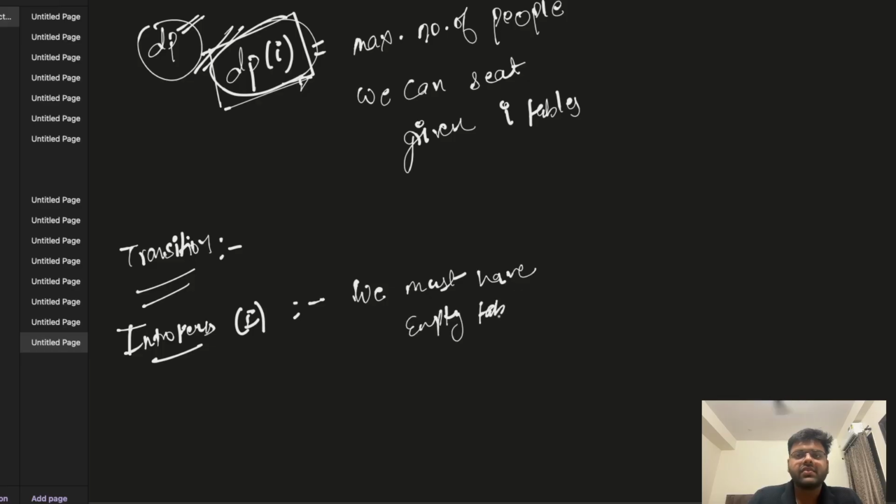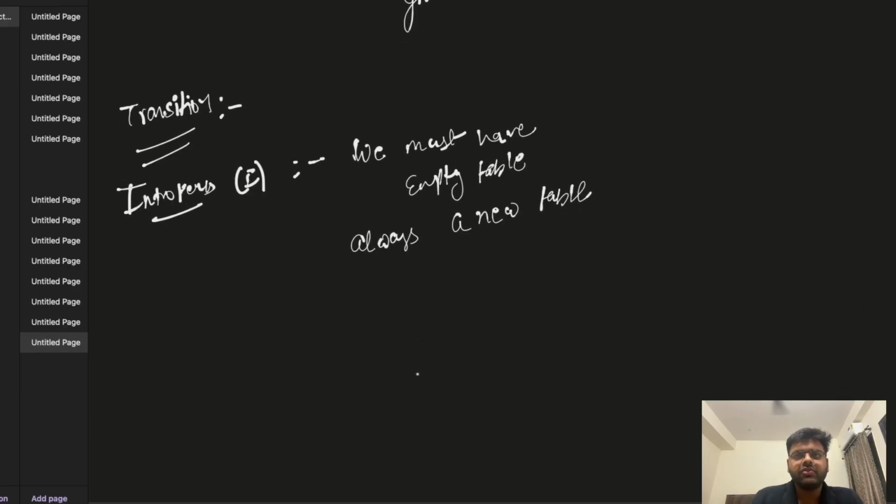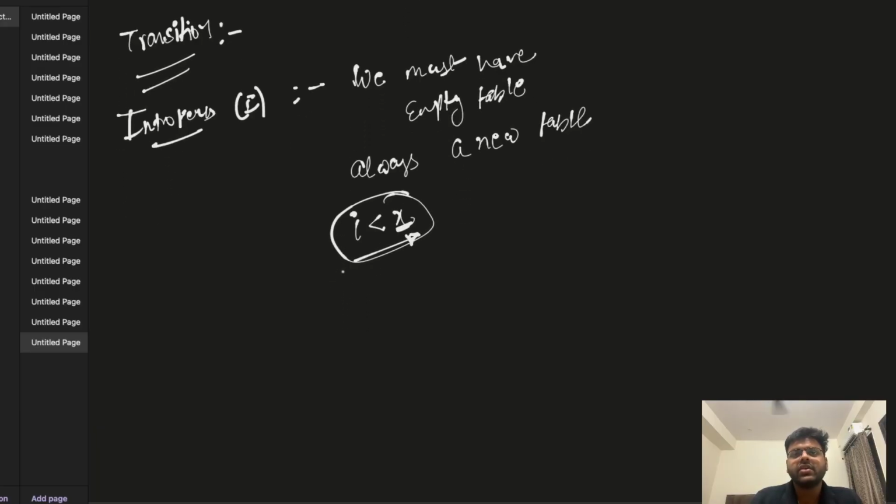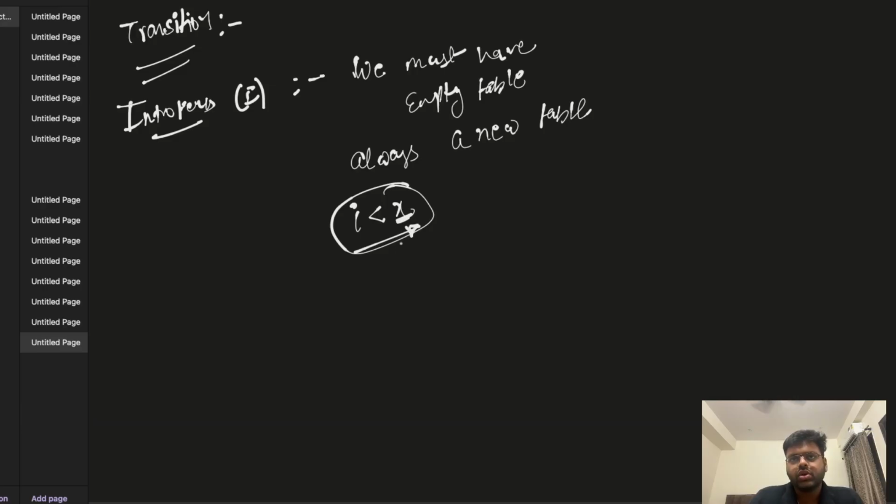Okay, so if your current tables, let's suppose your current tables are I, is less than X, where X is the total number of tables, then you have the access to all of the tables and you could consider the request of placing introverts at a new table.